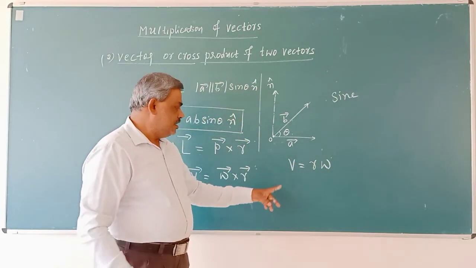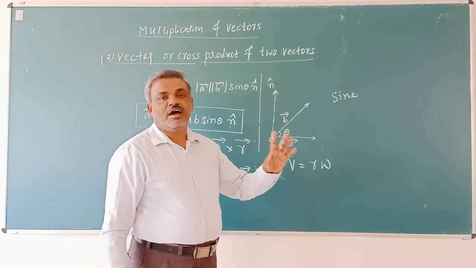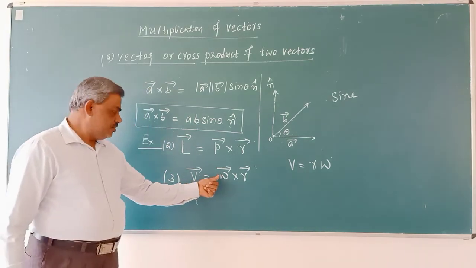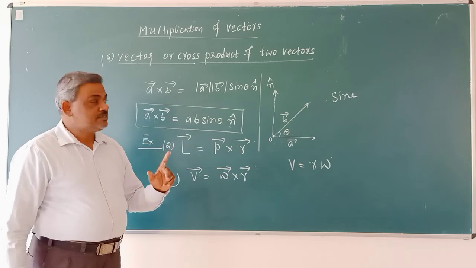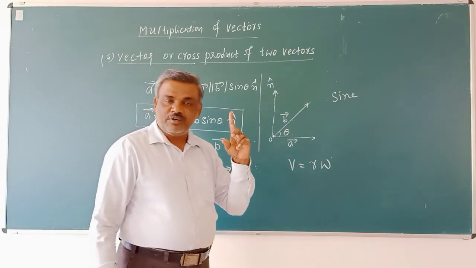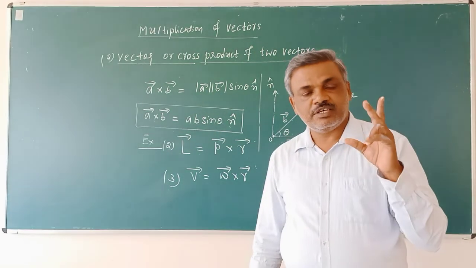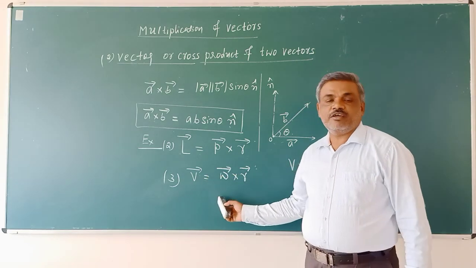V is the linear velocity, omega is the angular velocity, r is the radius of the circular path. So these are three examples for the vector or cross product. The first example torque, second example angular momentum, and example 3 the relation between linear and angular velocity.